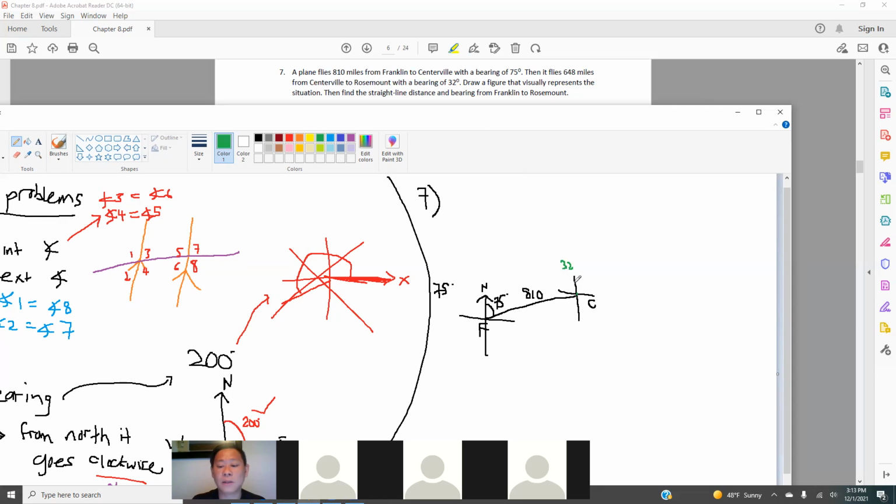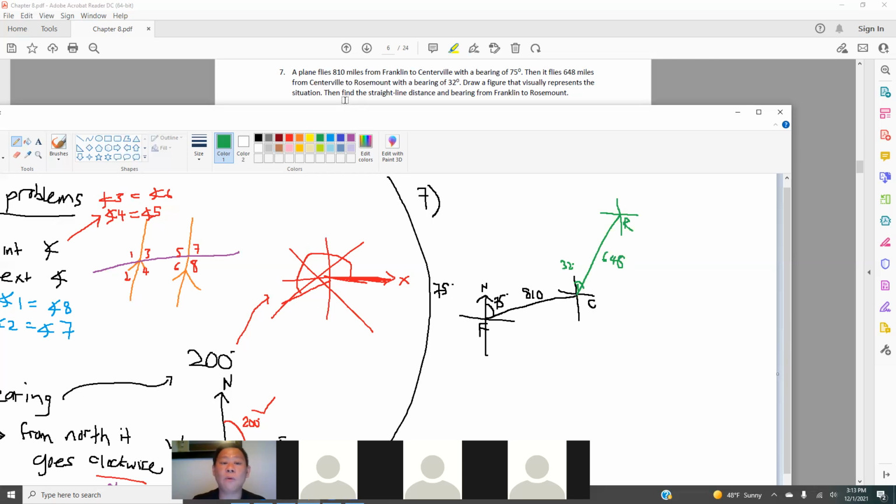So 32 degrees is somewhere here from north, and it goes all the way. So this is 32 degrees, just this little green stuff. And this is Rosemont. How far are these two cities? It's 648.